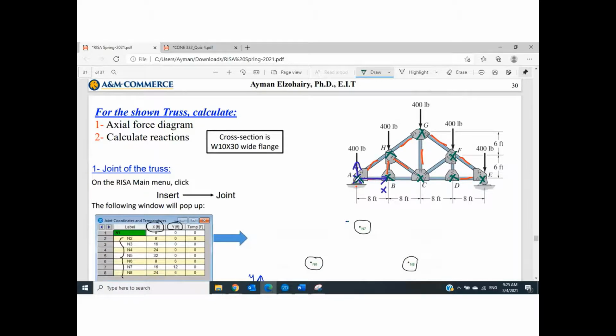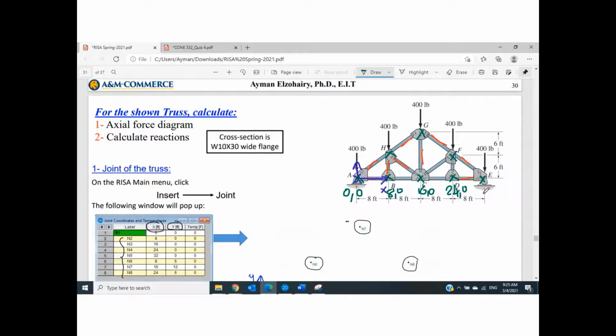Okay, go ahead. The first joint, 0, 0. Joint B, 8, 0. Joint C in X, 16, 0. Joint D, 24, 0.